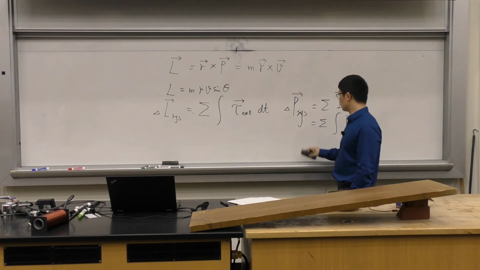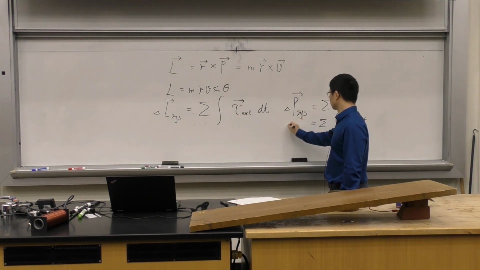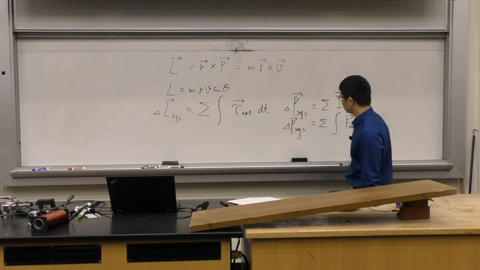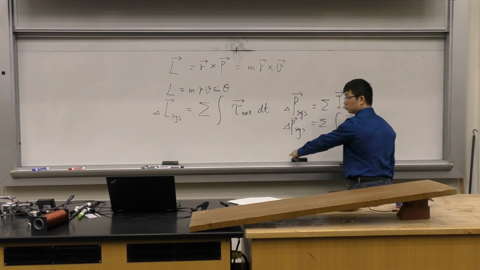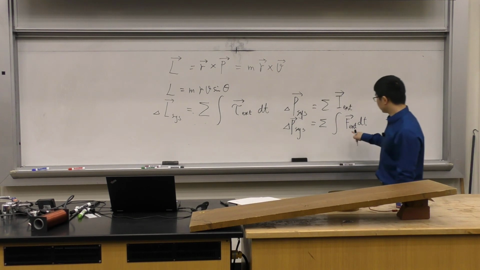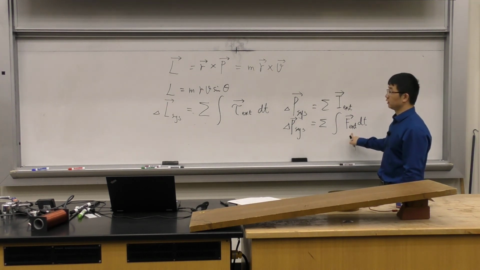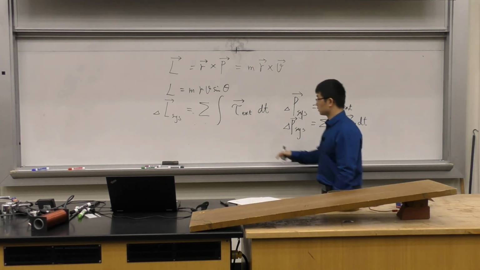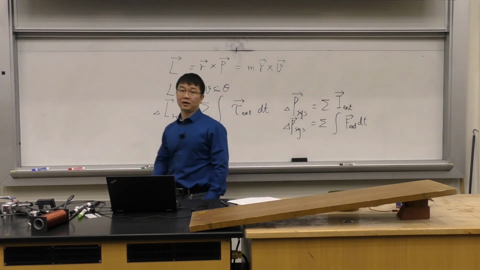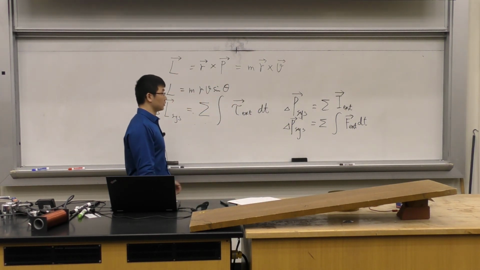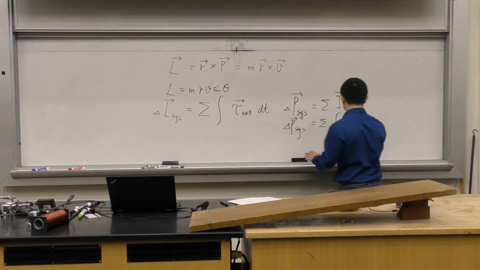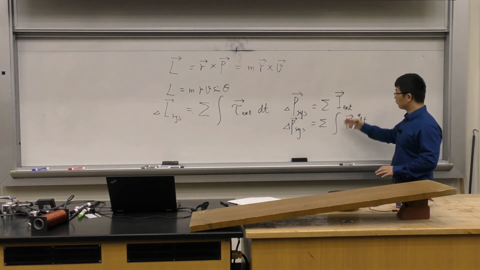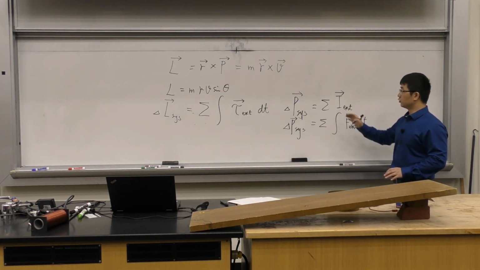Now compare these two laws. Exactly the same. All you need to do is replace momentum with angular momentum, and replace force with its equivalent in rotation, which is just torque. Isn't that beautiful? We call this impulse, and we have a new name and a new symbol for it.